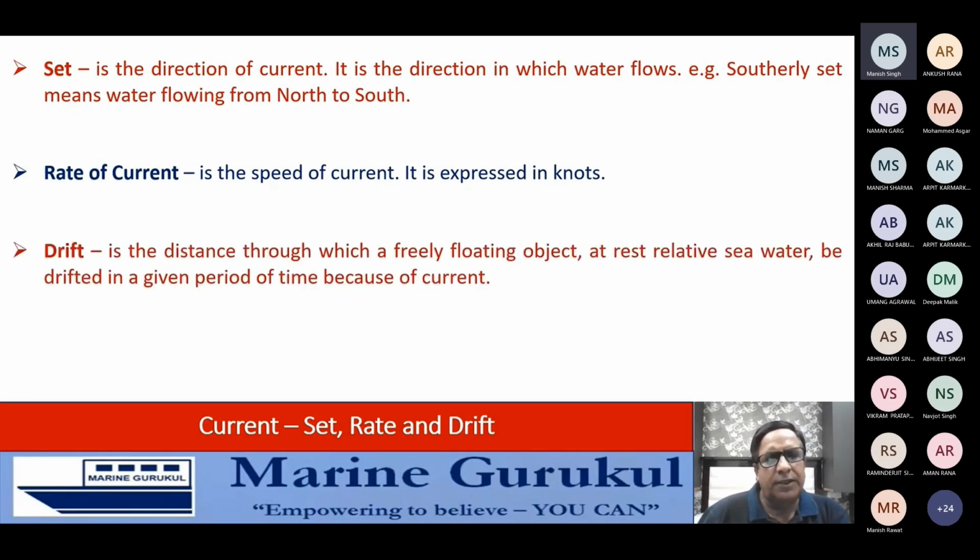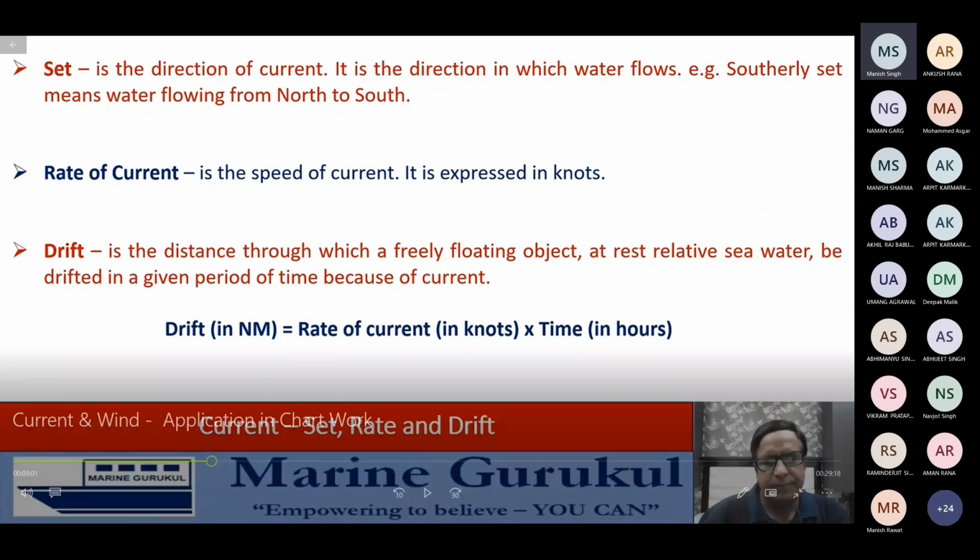The drift of the current is the distance through which a freely floating object at rest relative to sea water be drifted in a given period of time because of the current. Obviously, the drift, if we have to obtain in a certain period, it shall be equal to rate of the current in knots multiplied by time in hours, and what we get as drift shall be in nautical miles.